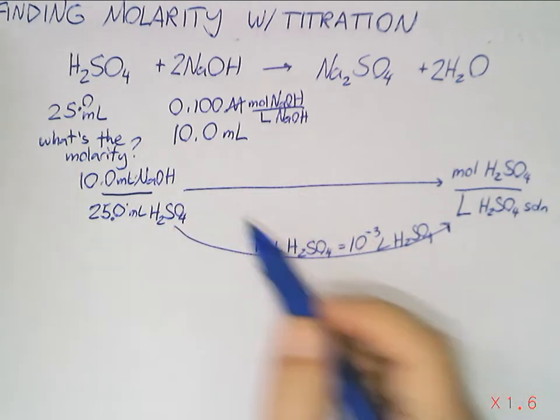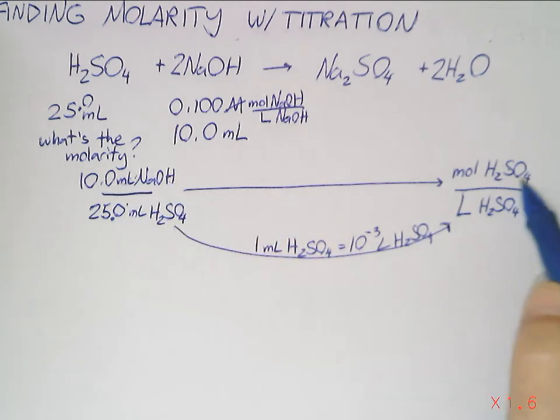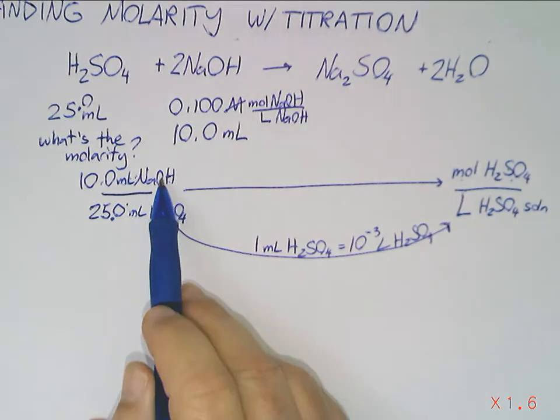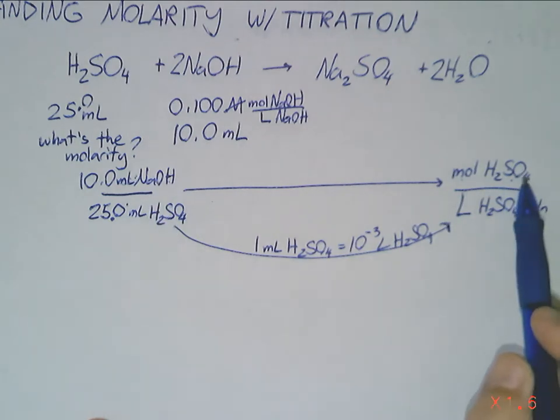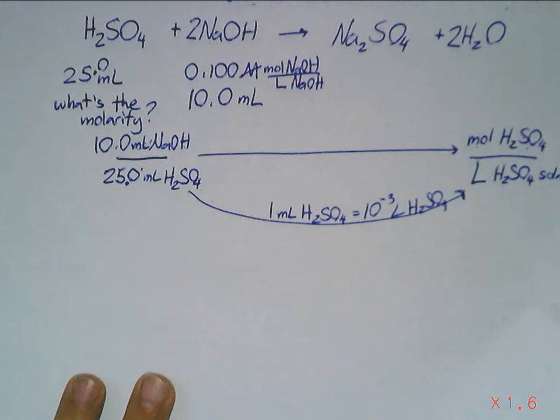All right, so I need some way to convert milliliters of sodium hydroxide solution into moles of H2SO4. Now, in the last 3 videos, we said the first thing you do is look at whether or not you're converting one substance into a different substance. And that's exactly what you're doing here.